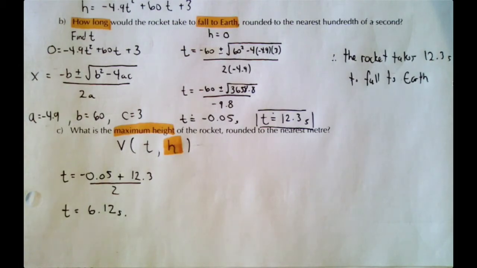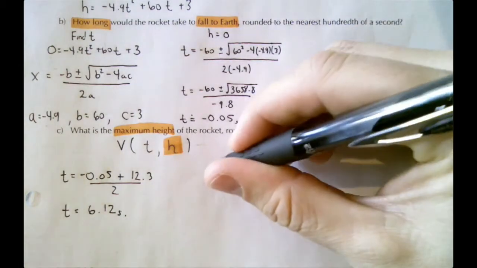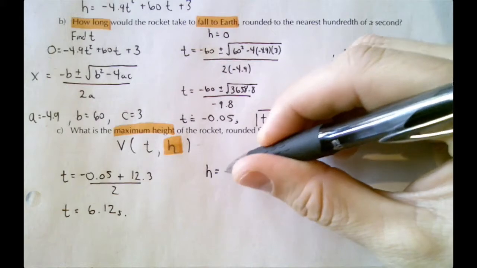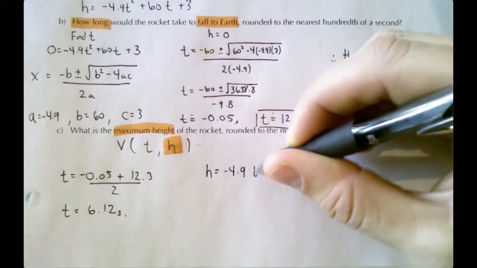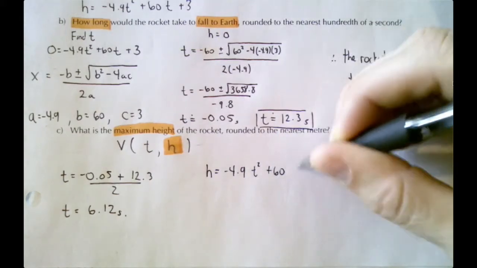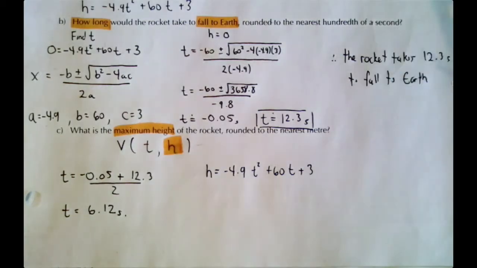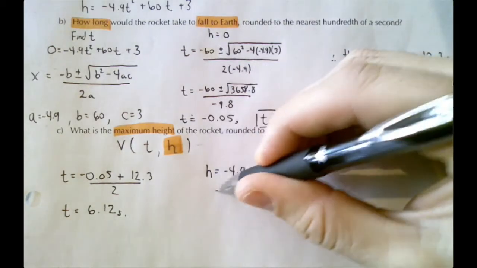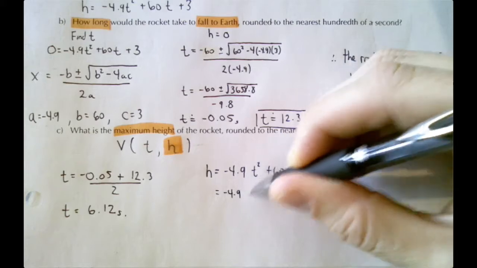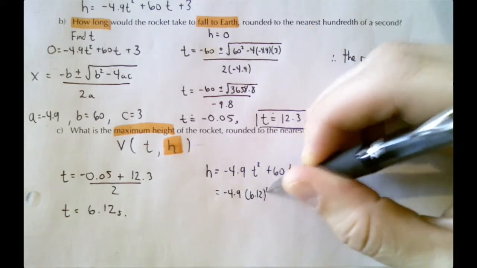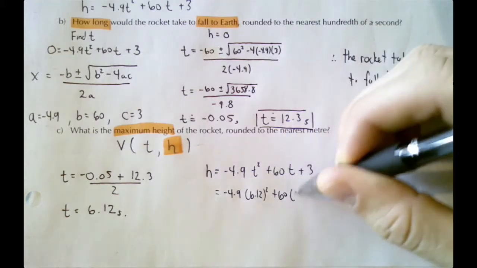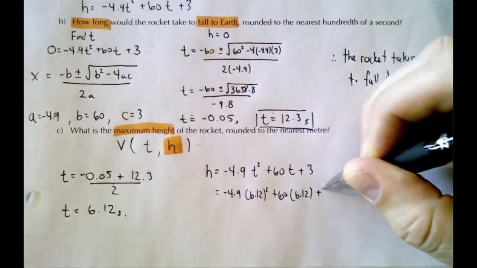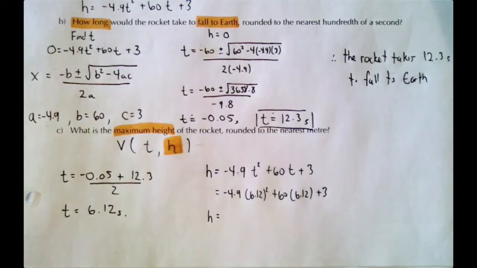And now we just have to use our equation to find the height. Height is negative 4.9 t squared plus 60t plus 3. And we're going to use our 6.12. So the nice thing about an equation is if you know the x, you can find the y. In this case, if we know the t, we can find the h.